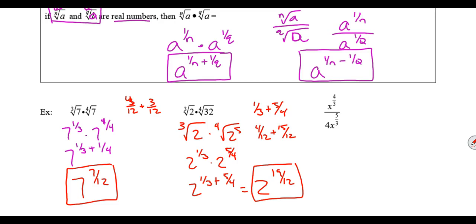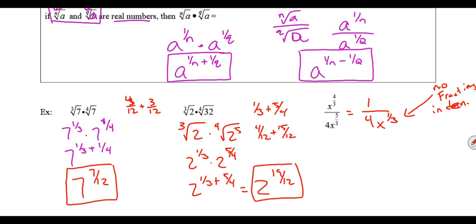All right, so division. Division's a little tricky because we are doing subtraction, and this example shows us what's happening when we end up with more on the bottom. I have 1 over 4x to the 1/3. We can't have fractions in the denominator.